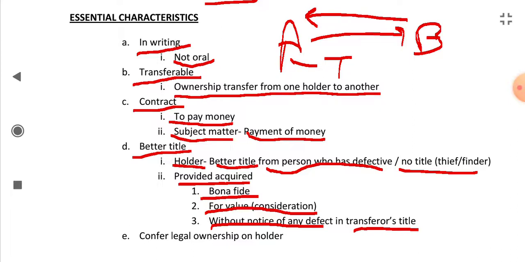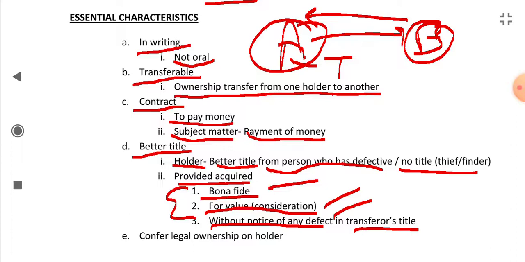He does not have information that A has stolen this check. So he did not have any notice of any defect in the transferor's title, and he was acting bona fide, honestly, and he got the check for value, for consideration. All these three conditions are satisfied, so B will be protected. He will have a better title, although A has a defective title because he was a thief.